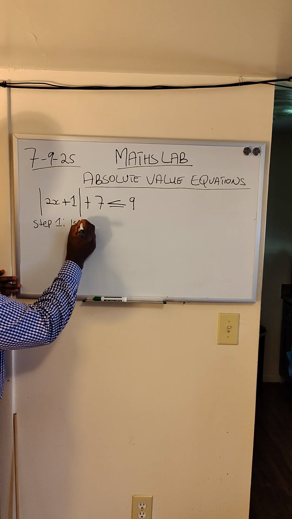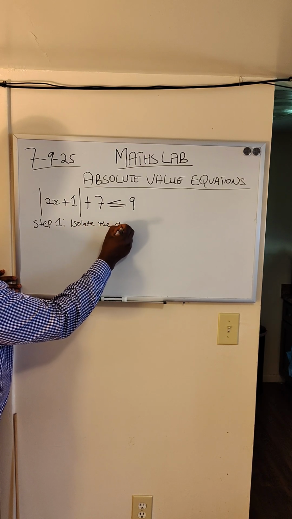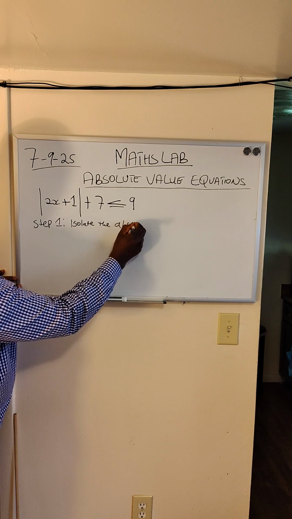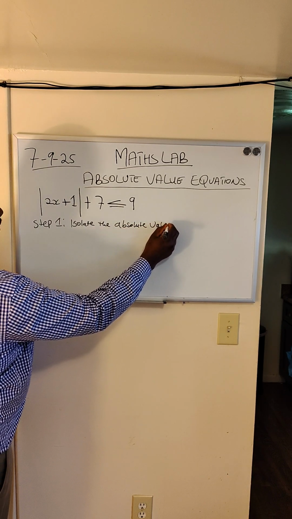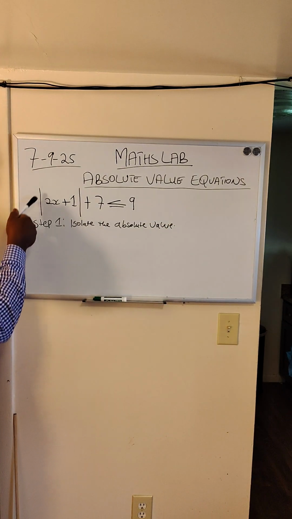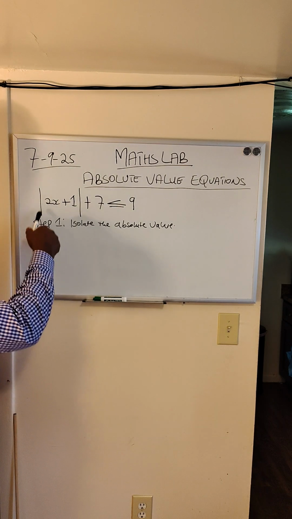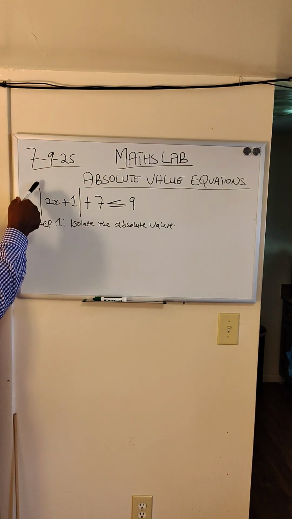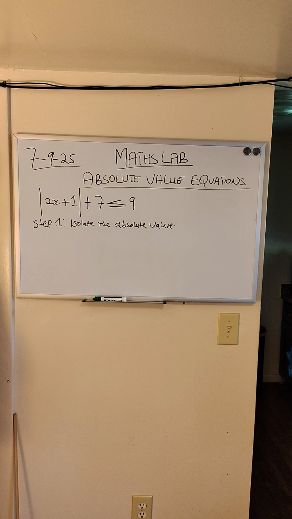If you want to write some notes, step 1 is to isolate the absolute value, and that means we have to do away with this term. Now let's see how we do that.